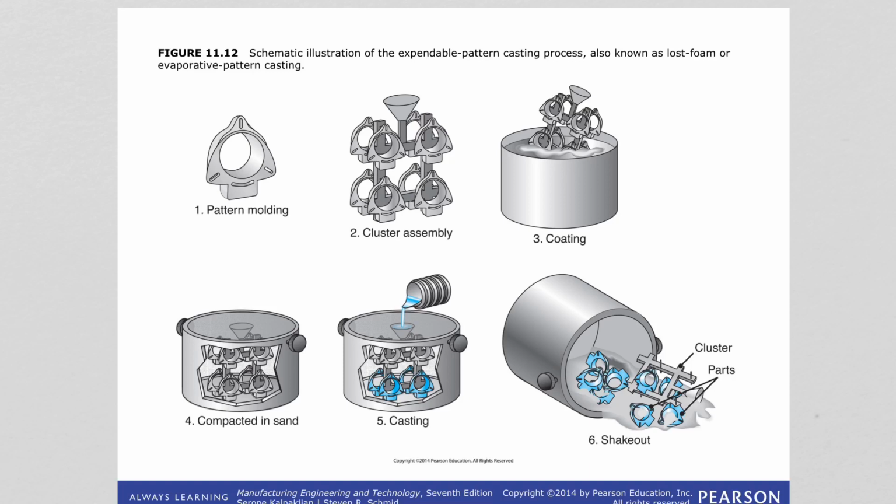Then remember, we coat the pattern with the water-based refractory slurry and then place it in a flask, fill it with sand and compact the sand. And then we pour the molten metal.